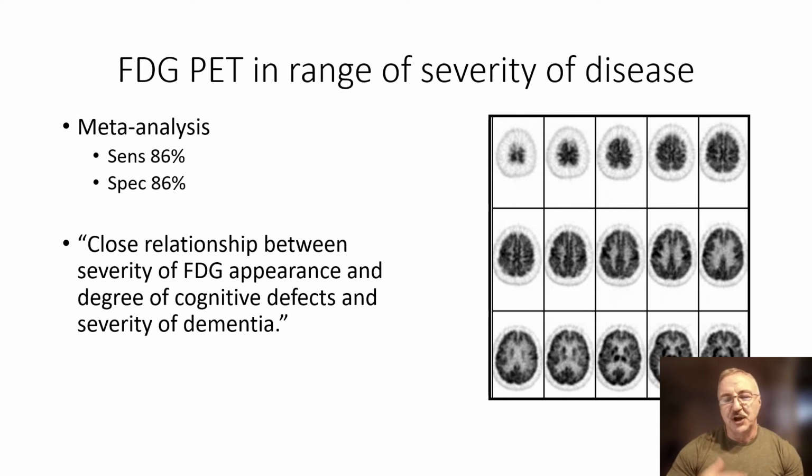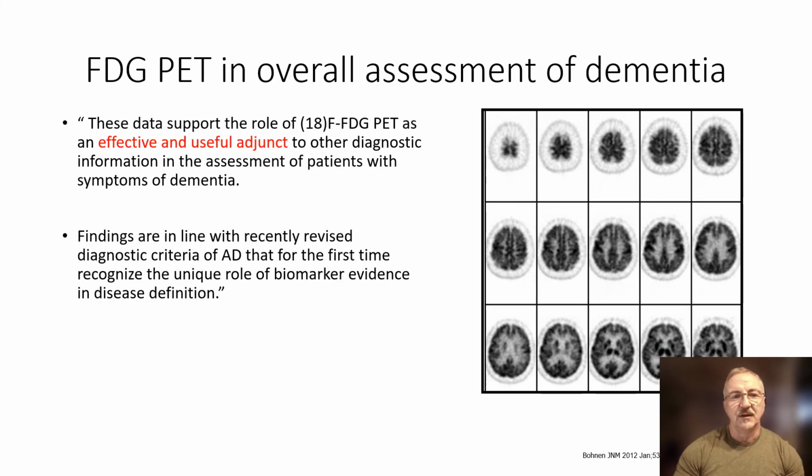And we also know that the severity that you see today is going to predict nursing home attendance in the next year. And so overall, FDG PET-CT is effective and useful and is being incorporated into the biomarker evidence for the definition of Alzheimer's disease.